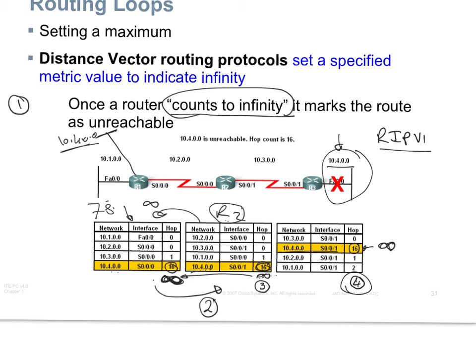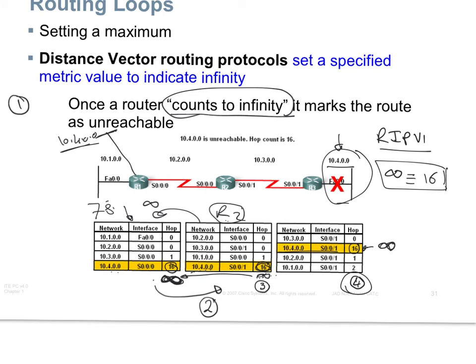Because if I tell you that a packet that gets sent to this network with a metric of infinity becomes unusable. But now we have this problem of bouncing the metric back and forth between the routers. So RIP version 1 says, oh, okay, I cannot actually allow this increment to happen forever. So that's why it sets infinity to 16.